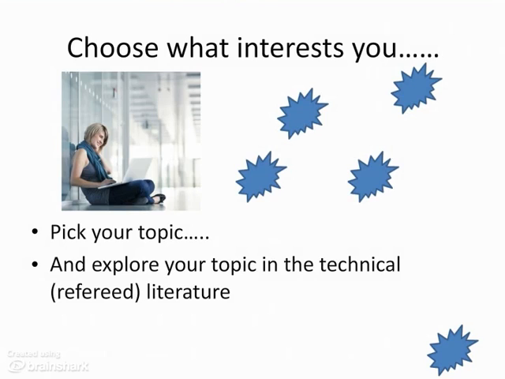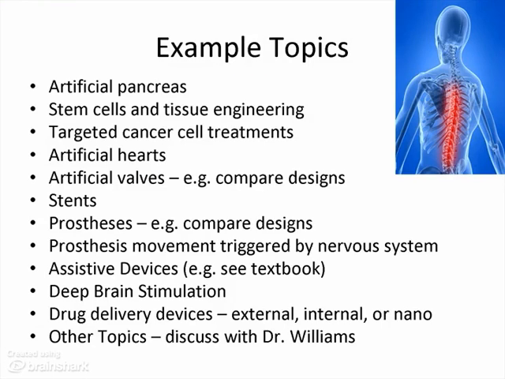So by skimming your textbook and the web, pick your topic. You may also want to explore the technical literature as you make your final decision. If you've never done that before, I'll show you how to do it in a moment. Here are some example topics. We've already talked quite a bit about artificial pancreas cells or whole artificial pancreas systems.